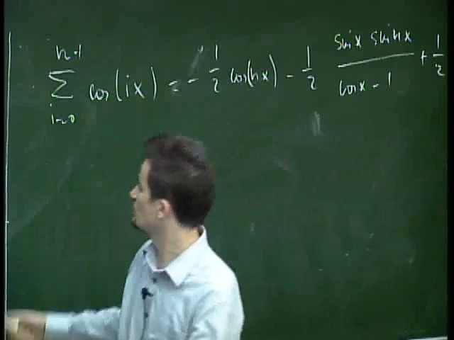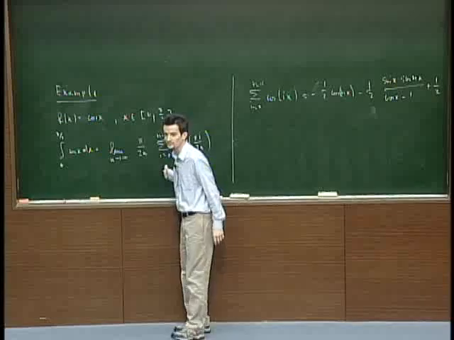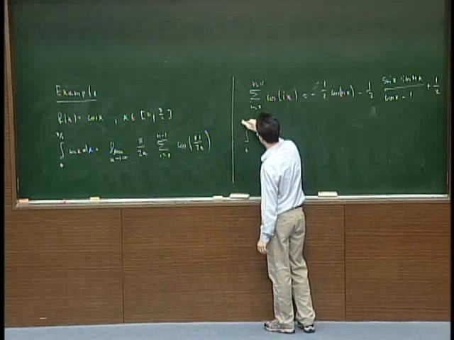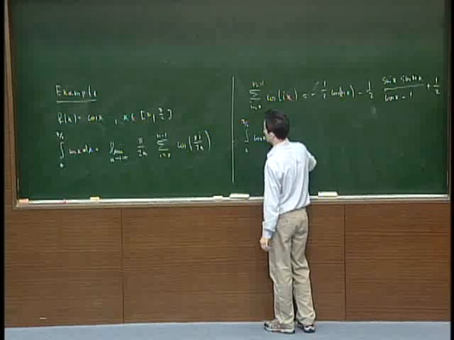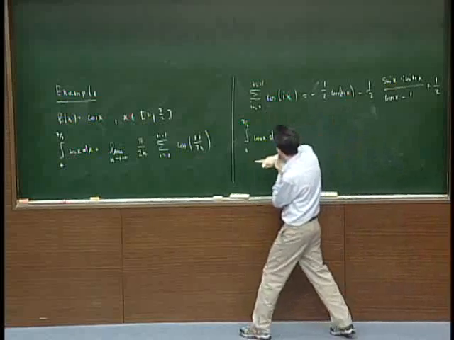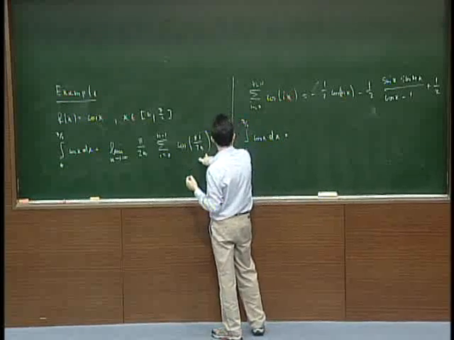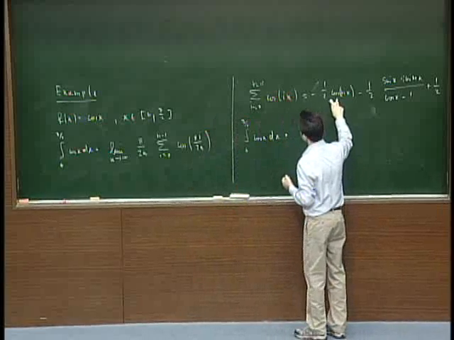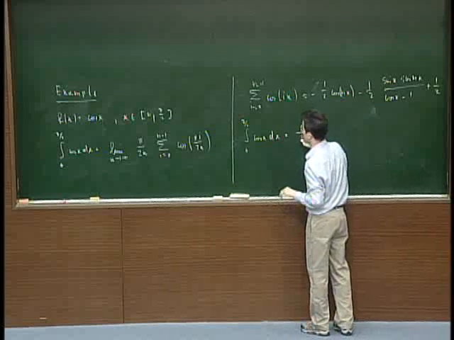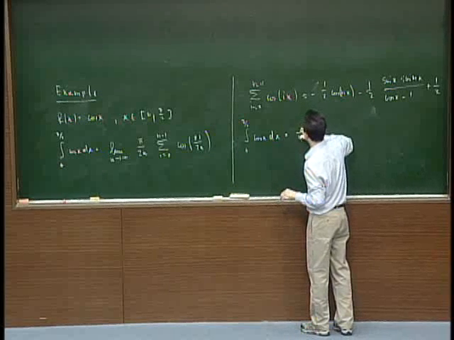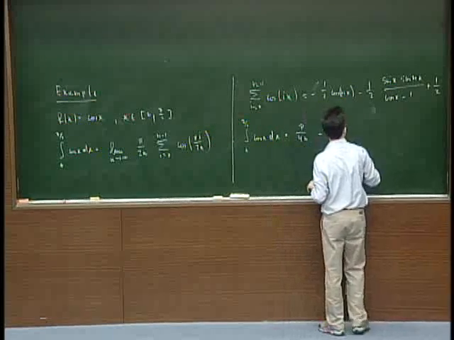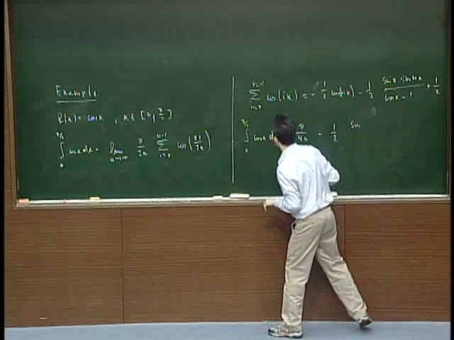Once you know this, the remaining thing is easy because now you plug everything in. So this integral, we still have the limits. We look at our x here, which is pi over 2n. If we look at this one, it is 0, so we can forget about this one. Now we have the last one, which is 1/2 times 1 over 4n pi, because we still have this here, minus 1/2, and this is the sine of pi over 2n.